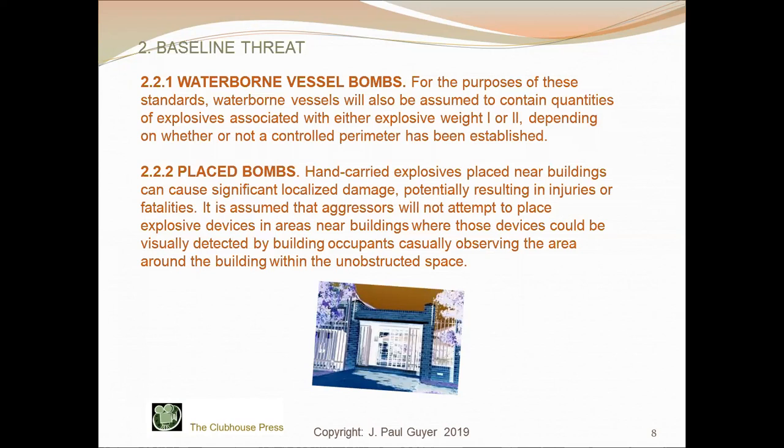And explosive weight 2, which you will see in these later tables, is assumed to be placed by hand either in trash containers or in the immediate vicinities of buildings. That quantity of explosives is further assumed to be built into a bomb 6 inches or greater in height.